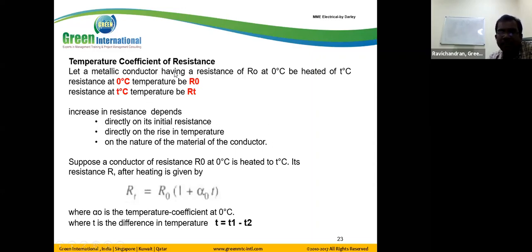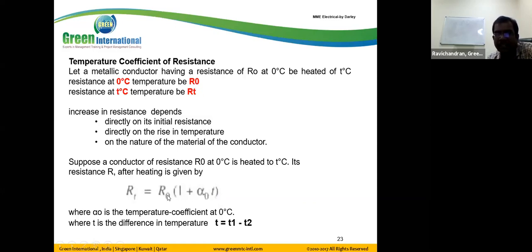Initial resistance we denote as R0. Temperature rise is T degrees Celsius. We may increase by 20 degrees or 30 degrees, 40 degrees, depending. And the nature of the material. Based on these, we derive one formula: RT is equal to R0 times (1 plus alpha naught T).